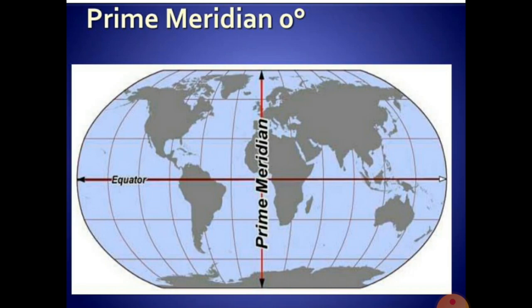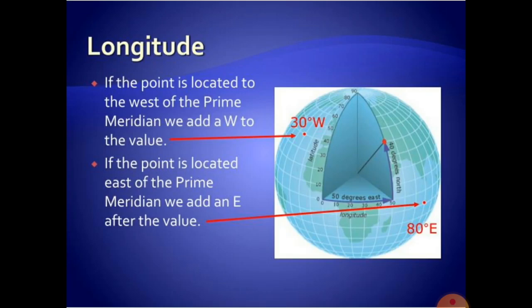Here very clearly you can see the prime meridian and the equator. The prime meridian lies at 0 degree, north to south pole. The equator also lies at 0 degree, east to west. Now for longitude, if the point is located to the west of the prime meridian, we have to indicate it by writing a W with that value.